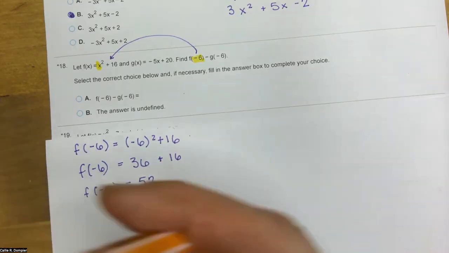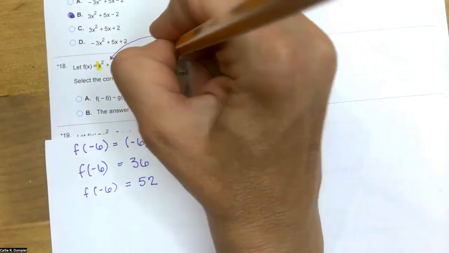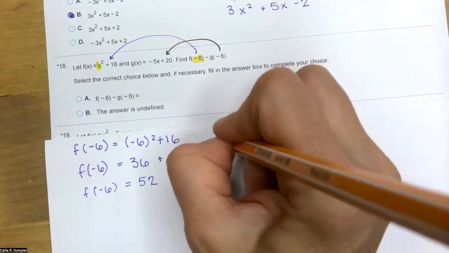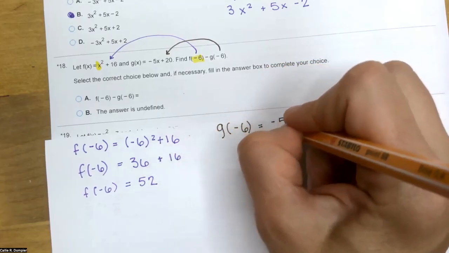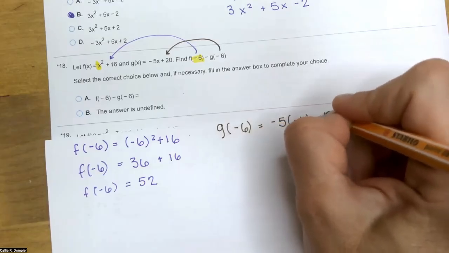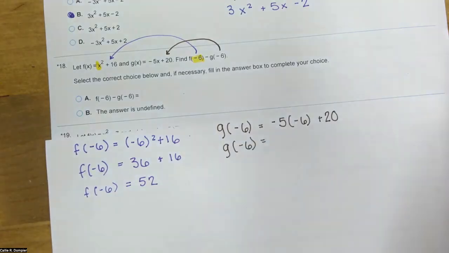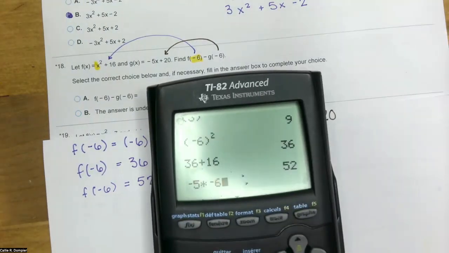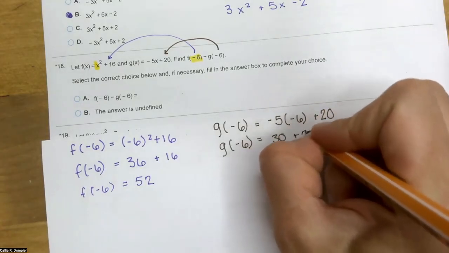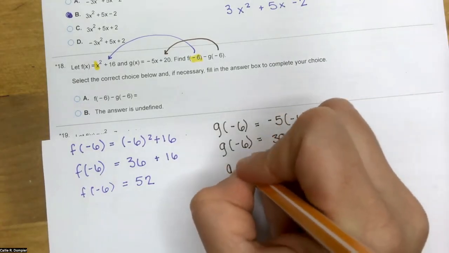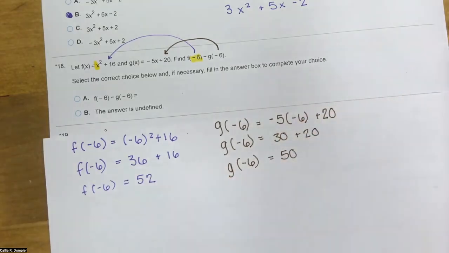All right, next step is substitute negative 6 in for the x of g of x. So g of negative 6 is negative 5 times negative 6 plus 20. Simplifying that, negative 5 times negative 6 is positive 30, plus 20. So g of negative 6 is 50. Good.